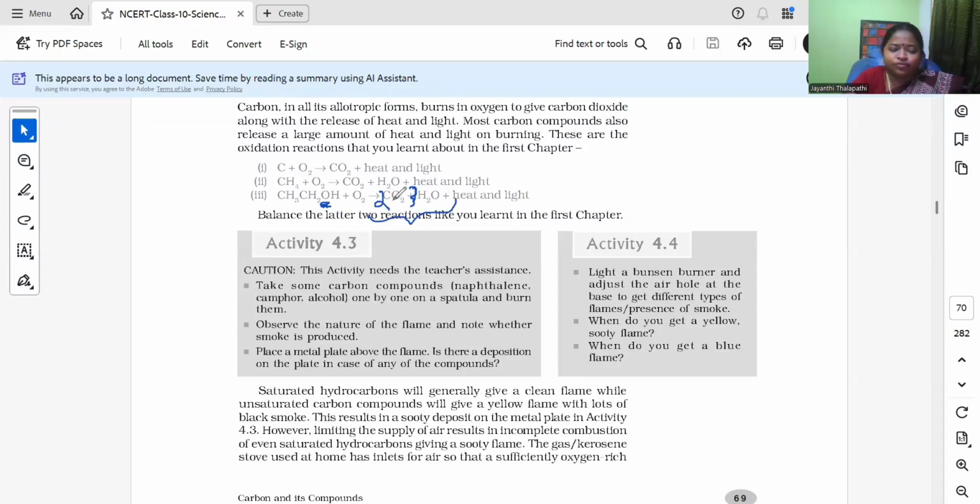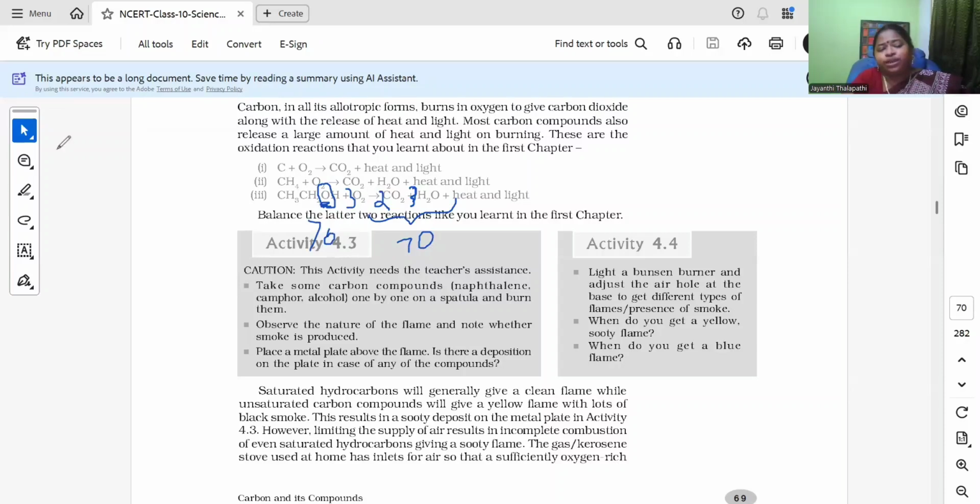There are 4 oxygen in carbon dioxide and 3 oxygen in water, so totally 7 oxygen. You should not forget the oxygen in the alcohol, so 1 is there, and 6 more you have to balance, which means 3 O2. So 6 plus 1 is 7, and the reactant side also has 7 oxygen. It is balanced.